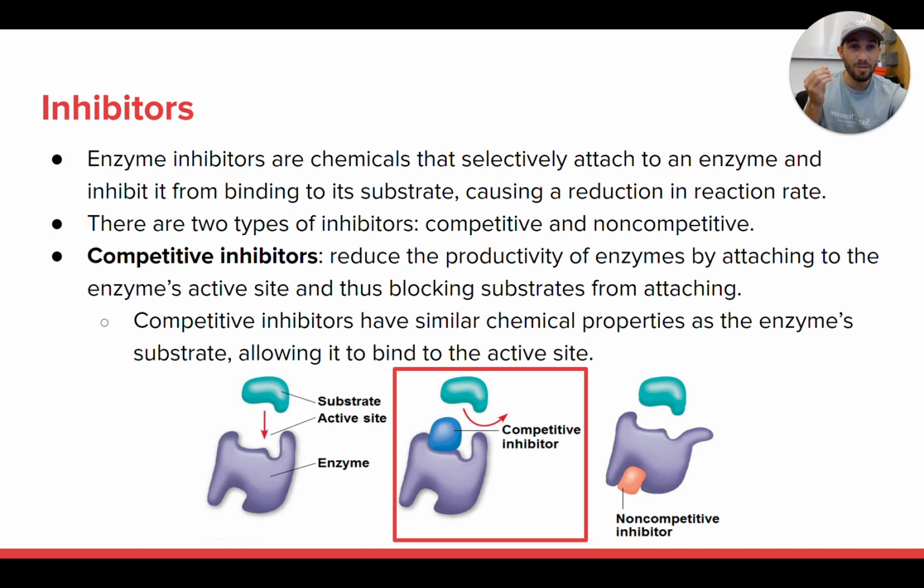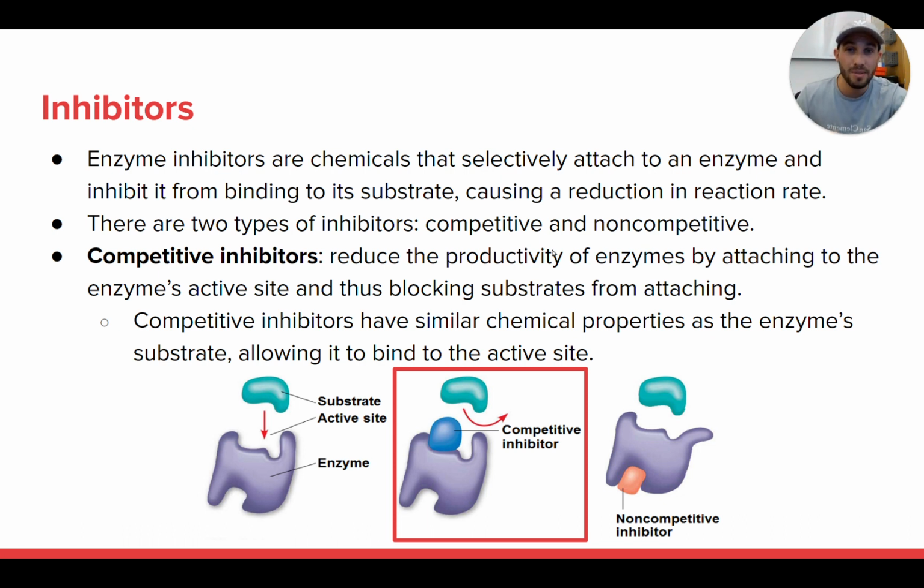When they bind to the enzyme, it decreases the activity of that enzyme. So that enzyme is now going to catalyze that reaction a lot slower, or maybe not at all, because that inhibitor is bound to it. The inhibitor binds to the enzyme and affects its shape in a way where it's not working properly.